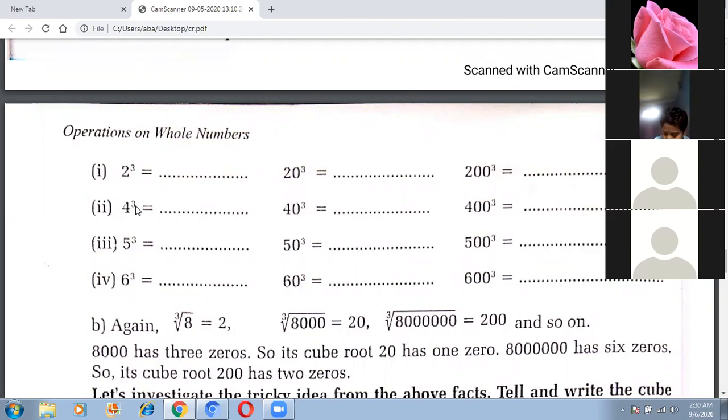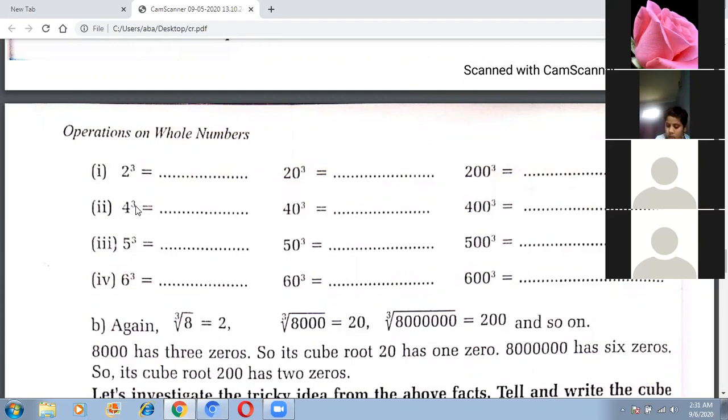Apply this technique. In 40 only 1 zero. How many zeros are there in this 40? 40 मा एउटा मात्र 0 भएकोले त्यसको क्युबमा कतिवटा 0 हुनु पर्यो? 3.